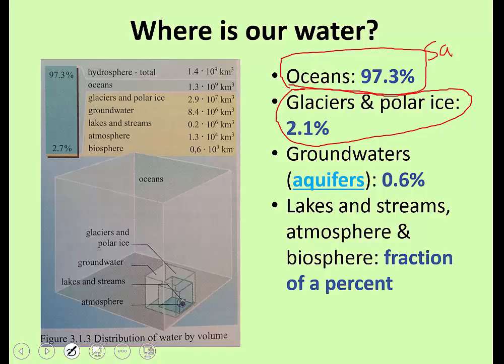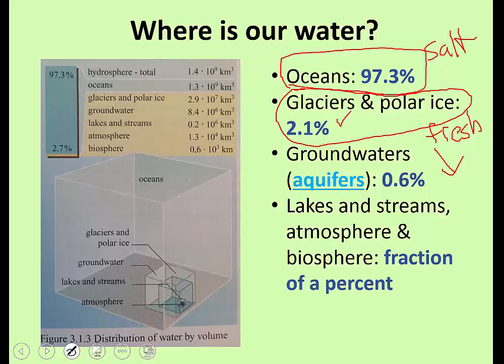Now this is salt water, and this is fresh, as are the other things underneath here. So we're already up to about 99.4% just with oceans, glaciers, and polar ice, which, we know this one's going down a little, but again, that's a topic for another section.